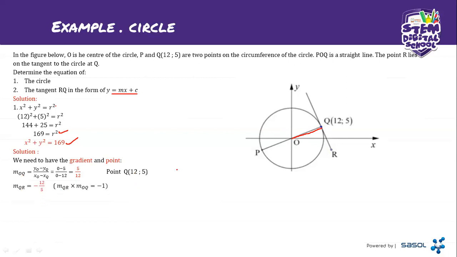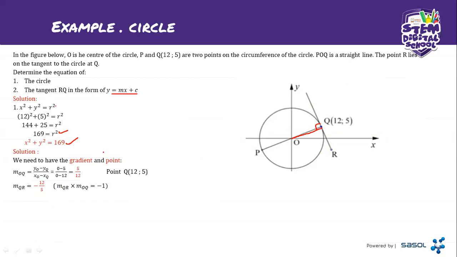Now remember, this line, which is from the center of a circle to the circumference, is going to be perpendicular to the tangent, right? It's always the case that a radius is perpendicular to a tangent. So we know that the gradients of those two lines, if you multiply them together, are going to give us -1.